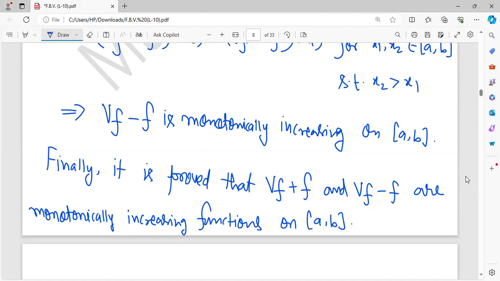Fourth property is that the variation function is itself a monotonically increasing function, so V of V_f is equal to V_f minus V_f(a), but V_f(a) is 0, so V of V_f is equal to V_f. In the fifth property, we have proved that V_f plus f is monotonically increasing and V_f minus f is also monotonically increasing on the closed interval [a, b].